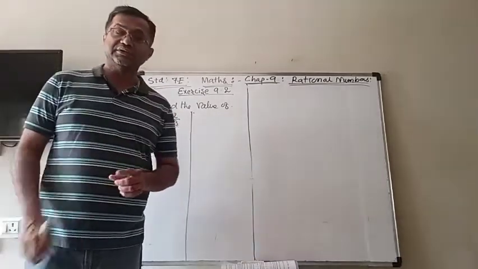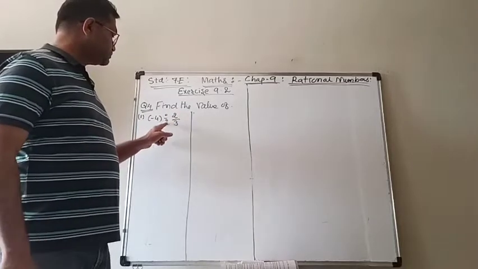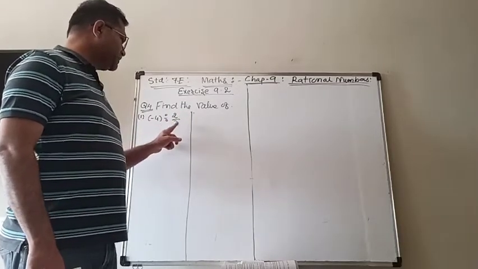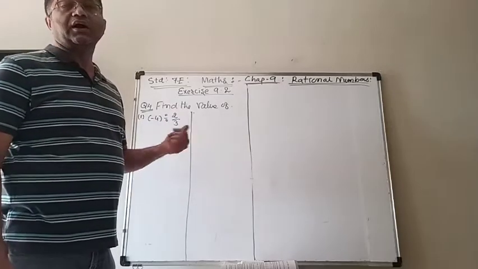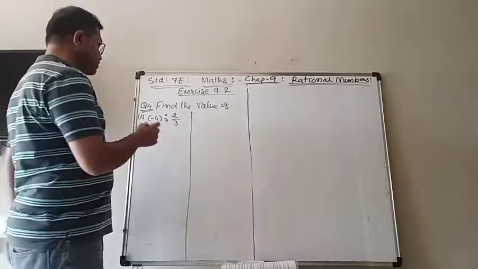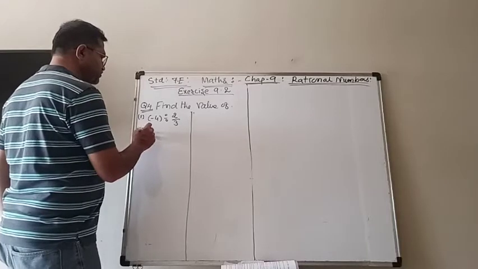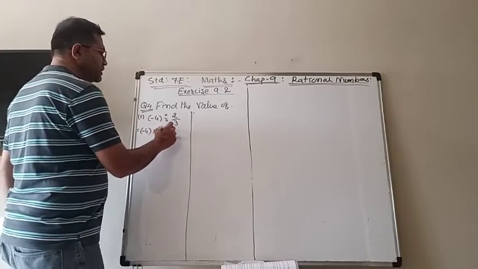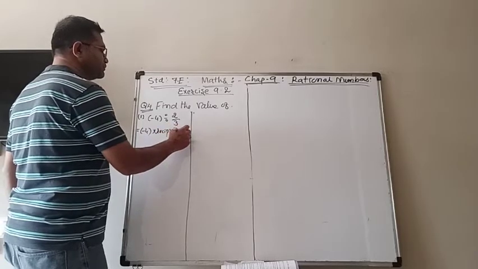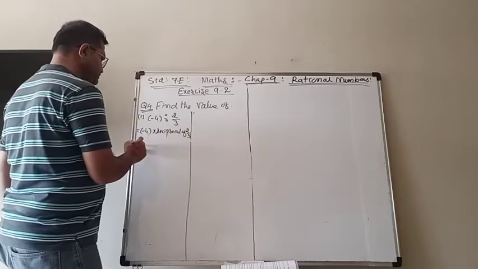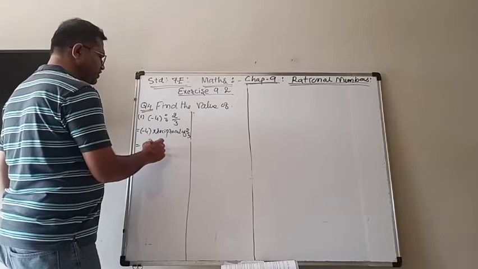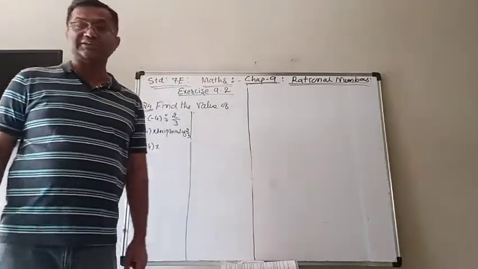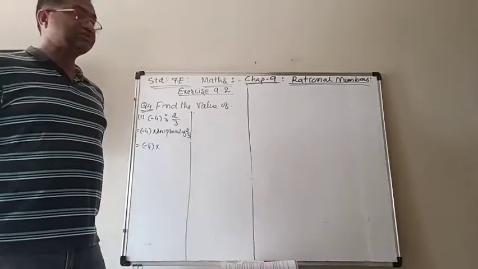Now we know that dividing a rational number means to multiply with the reciprocal of the other one. So that is minus 4 multiplied by the reciprocal of 2 upon 3. What is the reciprocal of 2 by 3? It is 3 upon 2.